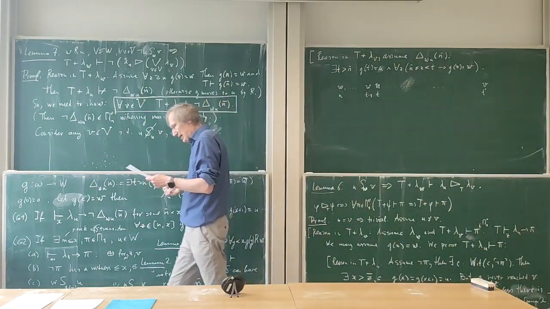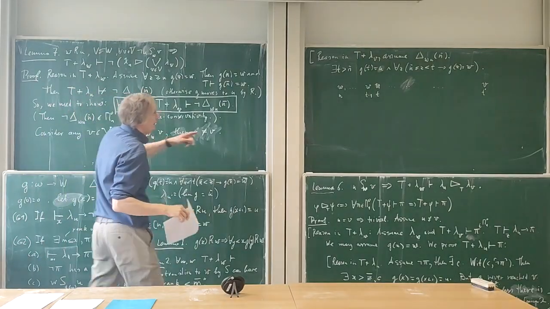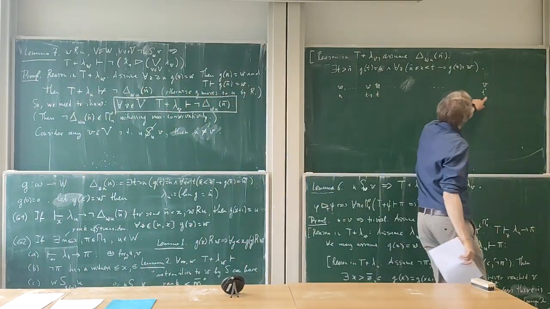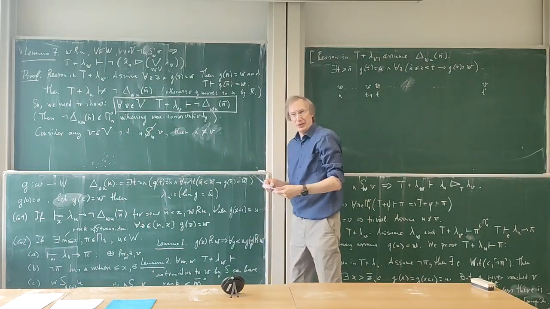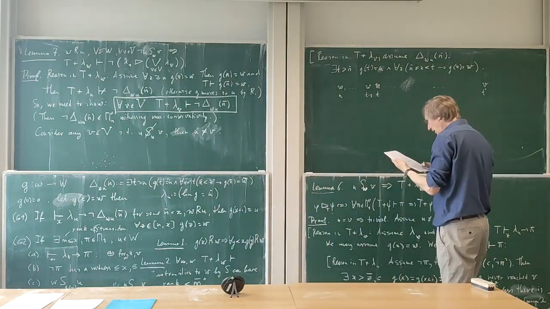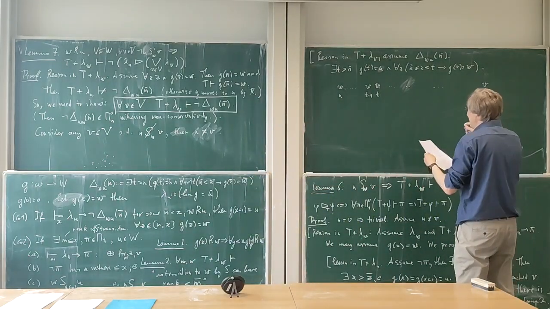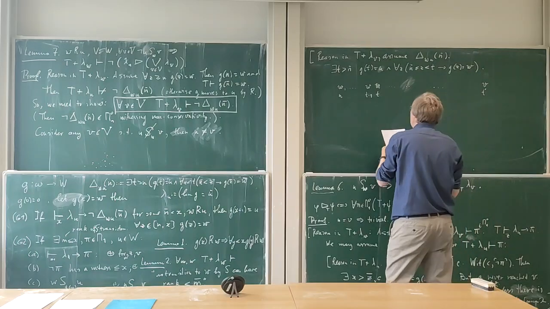And by the way, V was not U, right? So that was our assumption here. Okay, so let's denote these stages somehow.